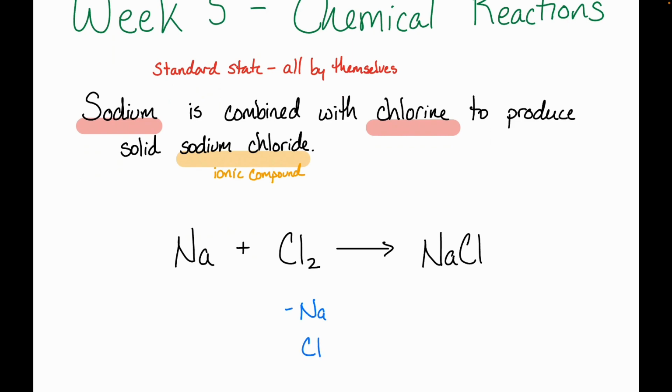Right now, on my reactant side, I have 1 sodium and 2 chlorines. On my product side, I only have 1 of each, so my chlorines are imbalanced. Everybody take a second and balance this chemical equation here.